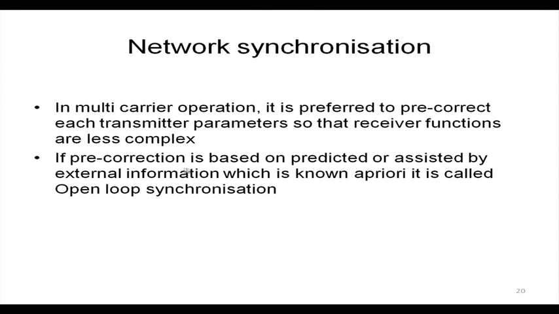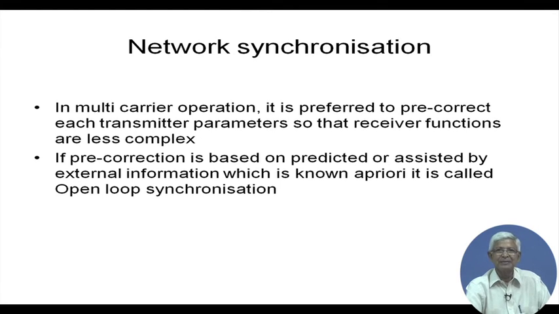The pre-correction can be done in various ways. It can be based on a predicted, that is modeled or calculated, way of knowing when it is supposed to reach there and at what frequency it is supposed to reach there, or it could be assisted by some external information.